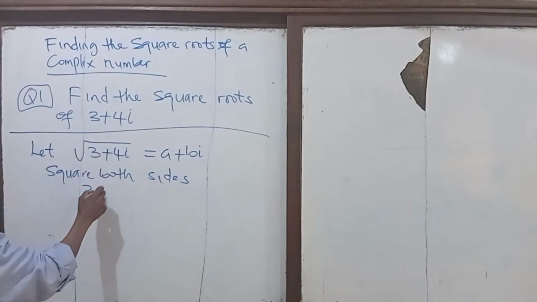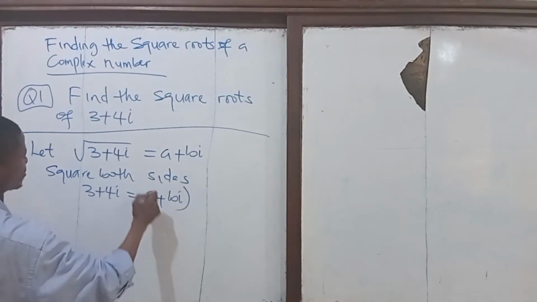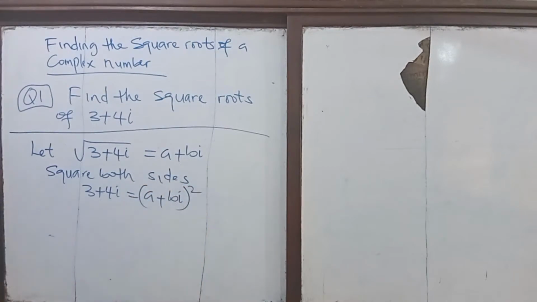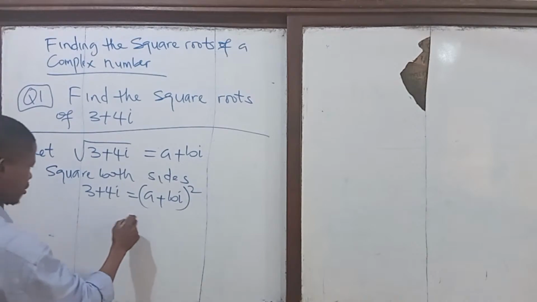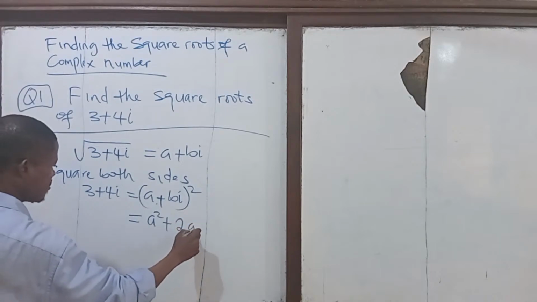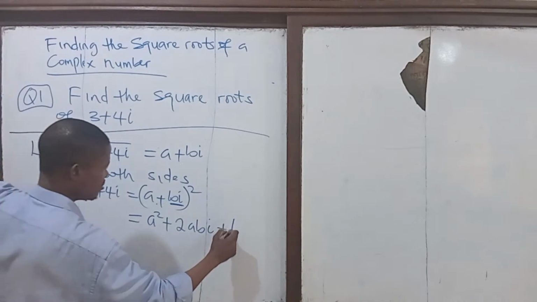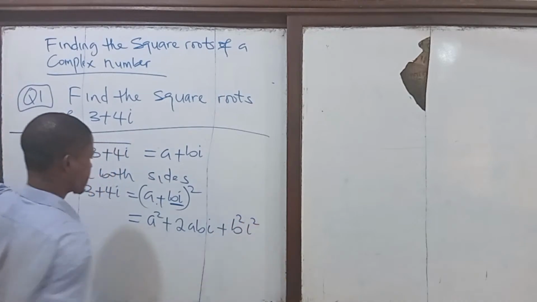We have 3 plus 4i equal to a plus bi all squared. You can do the expansion of this one, which will be a square plus 2abi, and then plus b square i square.